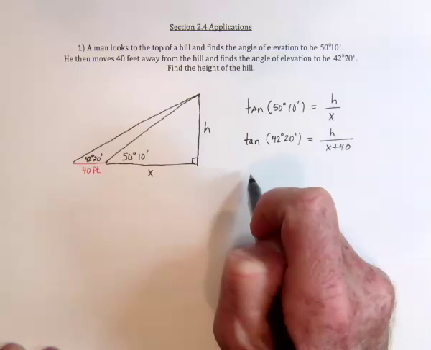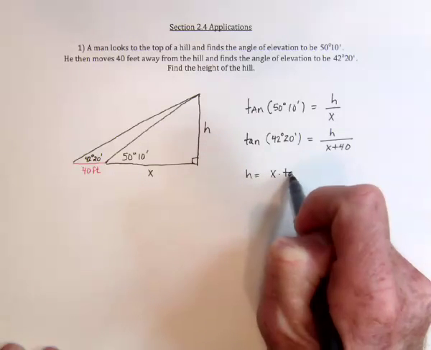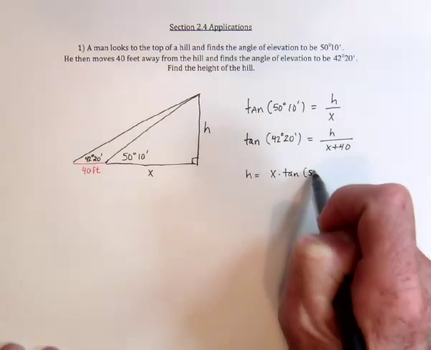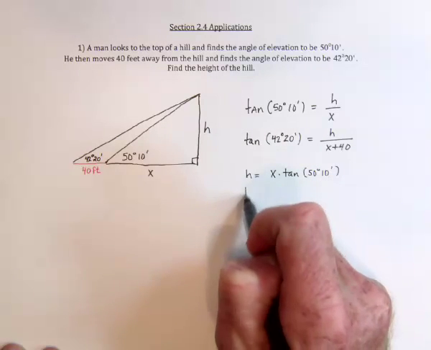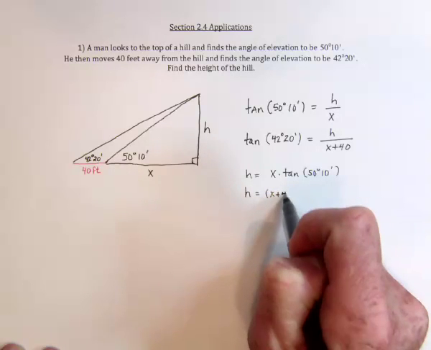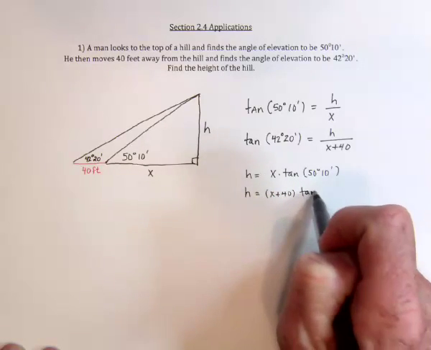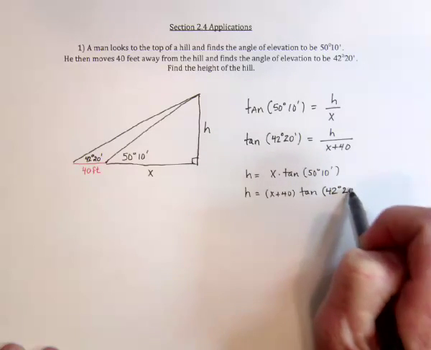So the top one is going to become that h equals x times tangent of the 50 degrees 10 minutes. The second equation would look like, in parentheses, x plus 40 gets multiplied with tangent of 42 degrees 20 minutes.